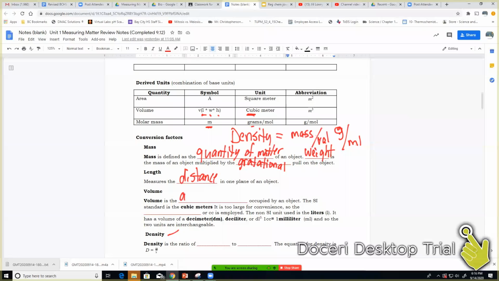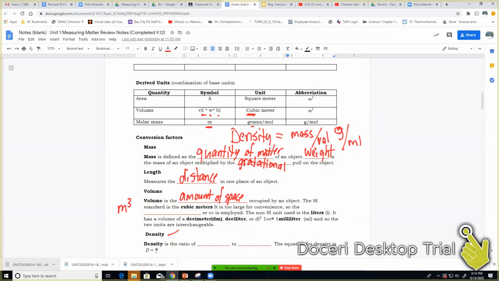Volume is the amount of space occupied by an object. The SI standard is the cubic meter, which would be written as m cubed. But it's too large really for convenience, especially for what we do in chemistry.